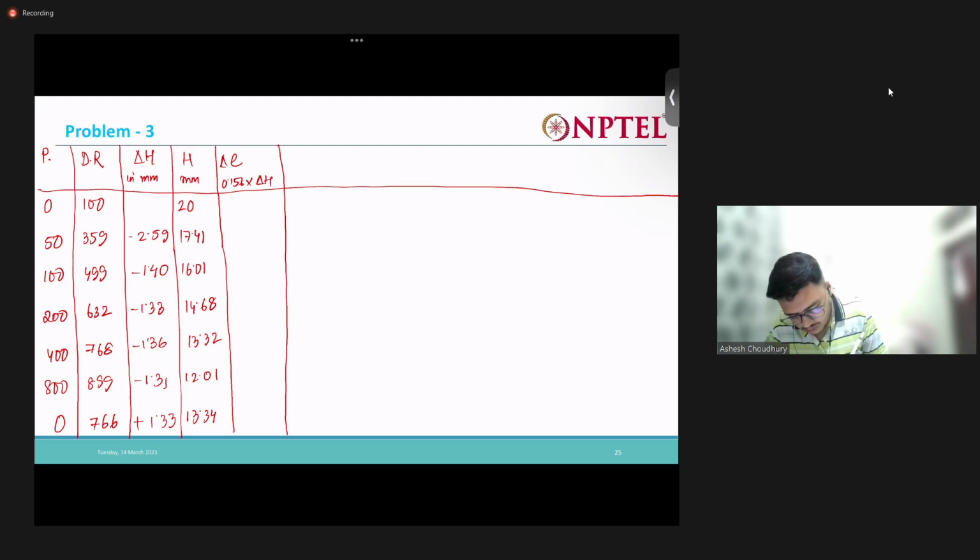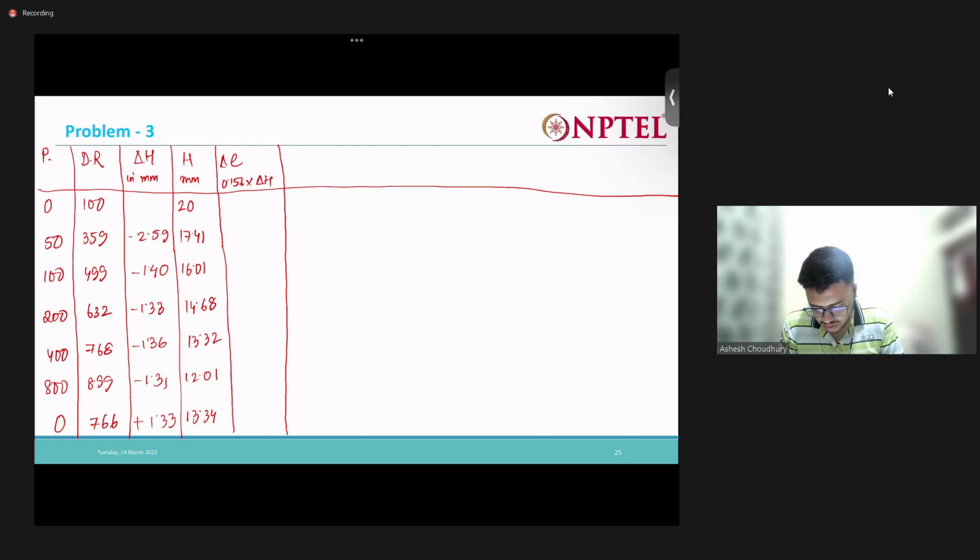For this one, what was the change in height? 2.59 into how much? Okay, see, there is a catch here. You can do it from the top also, you can do it from the bottom also. Let us do it from the top.